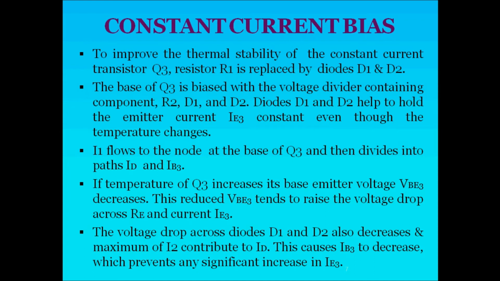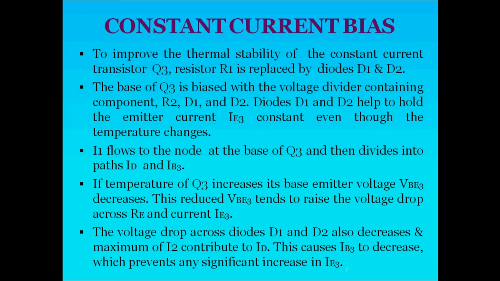Diodes D1 and D2 help to hold the emitter current IE3 constant even though the temperature changes. So I1 flows to the node at the base of Q3 and then divides into paths ID and IB3. We'll see with the help of a diagram what the circuit should be when we replace R1 by the two diodes D1 and D2.